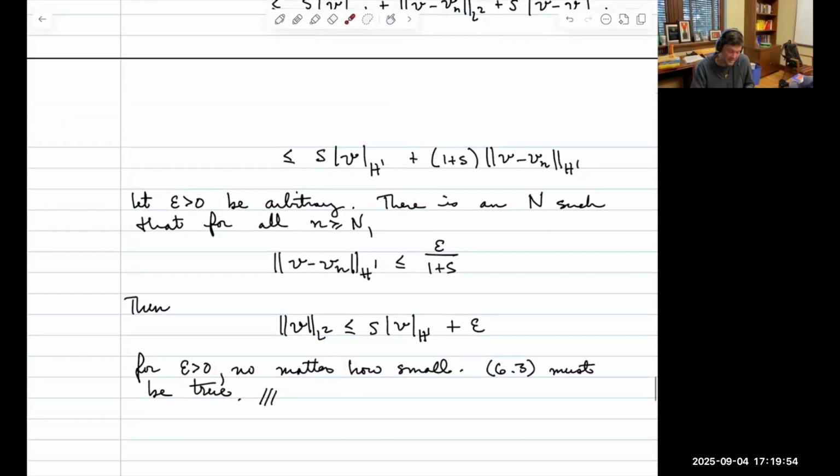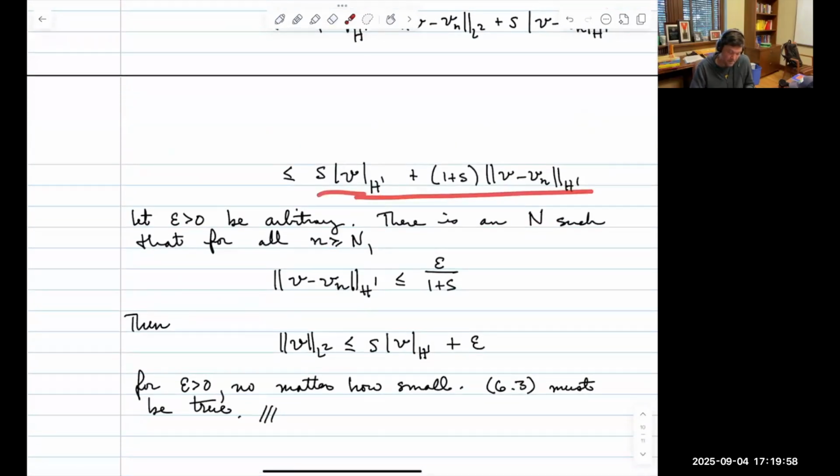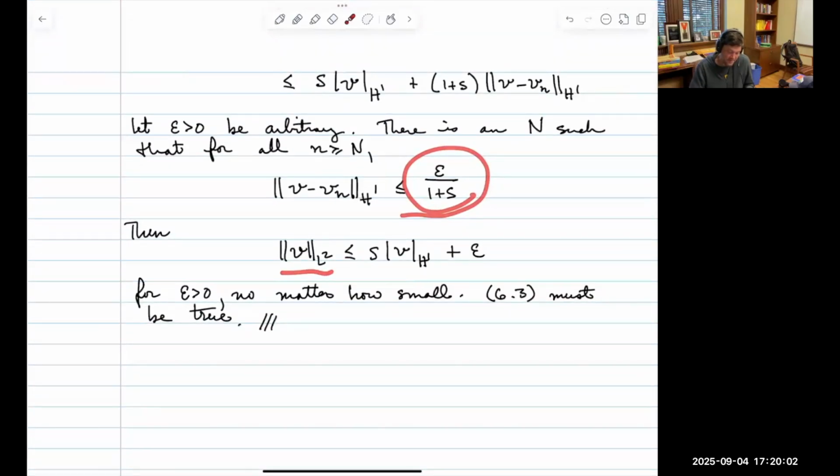So if I combine this estimate with what I just learned, that says the L2 norm of V is less than S times the H1 seminorm of V plus epsilon. But epsilon is as small as I please.